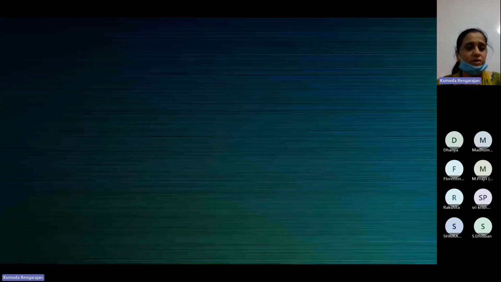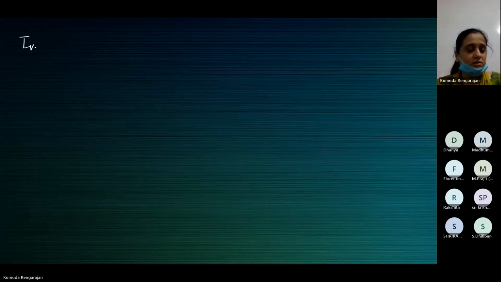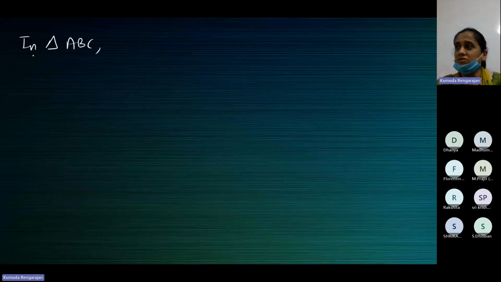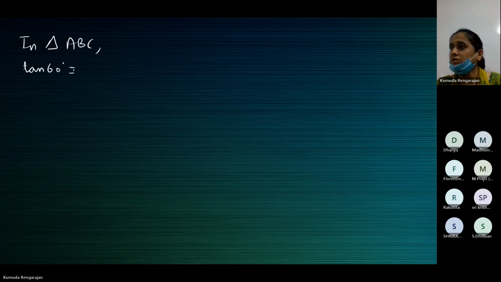All right. So now in triangle ABC, what is tan 60 degrees? Tan connects opposite and adjacent. Which is the side opposite to 60 degrees? AB.